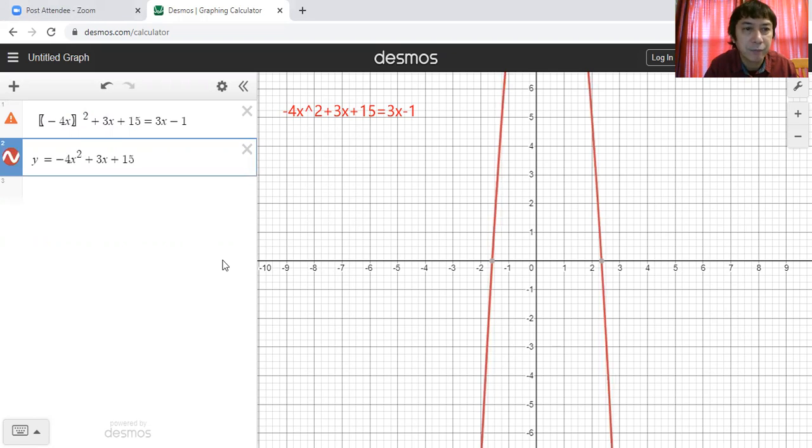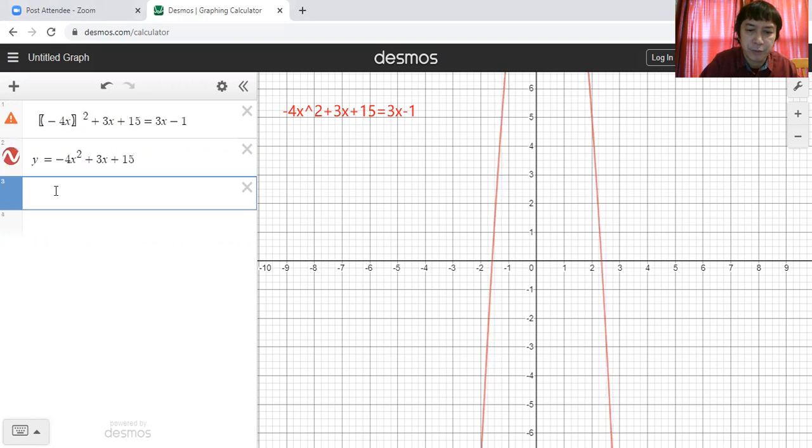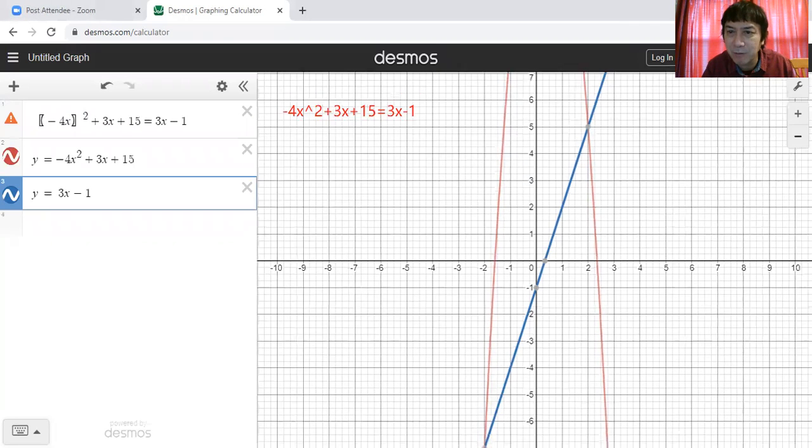Now we're going to have another equation for the right side. So y equals 3x minus 1. There, okay. All right, so we can see the graph.